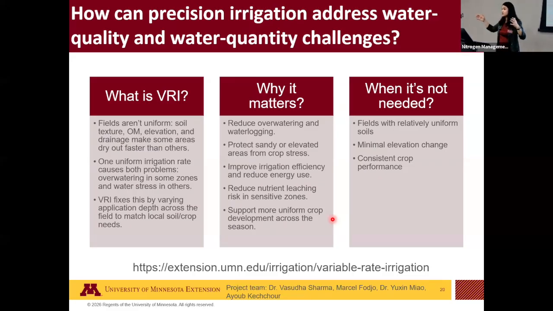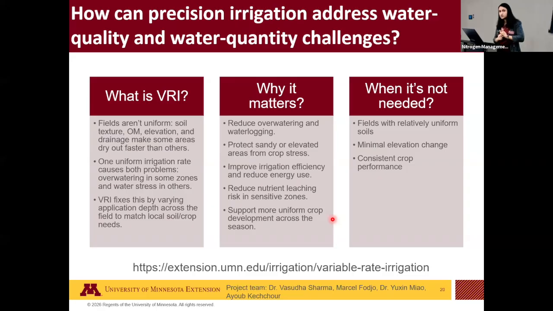Even in the sandy region of the state, there are spots which are very sandy and need more frequent, small amounts of irrigation, but other spots might not. To address that problem, where we have this variability in the field, variable rate irrigation can be very efficient. It fixes that problem and varies the irrigation depth across the field to match the soil water requirement.